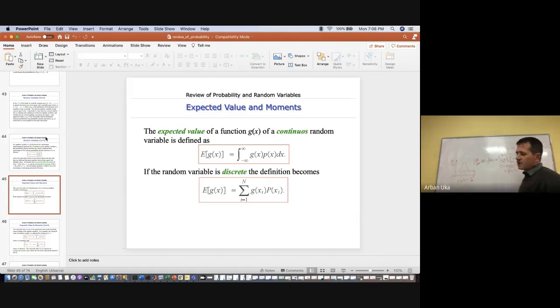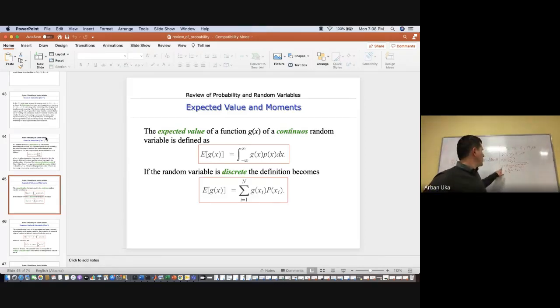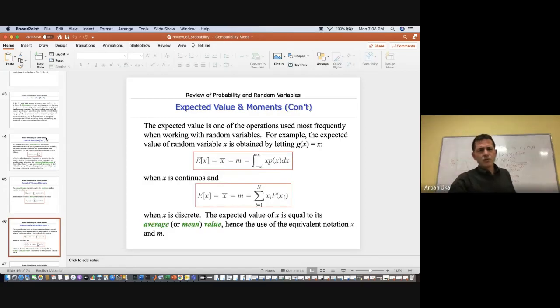This is the variance, and this is one of the moments, which is the standard deviation. Then we have another moment, which is called the skewness. Then we have another moment, which is the kurtosis. All of these are moments of a possible distribution.